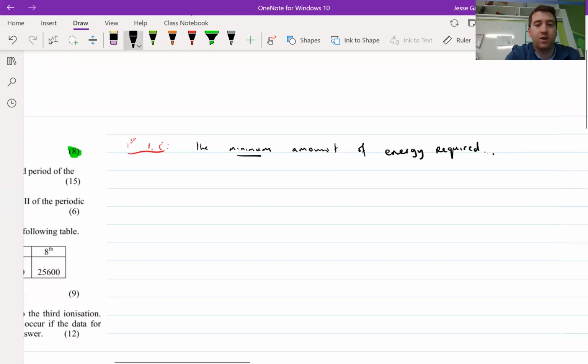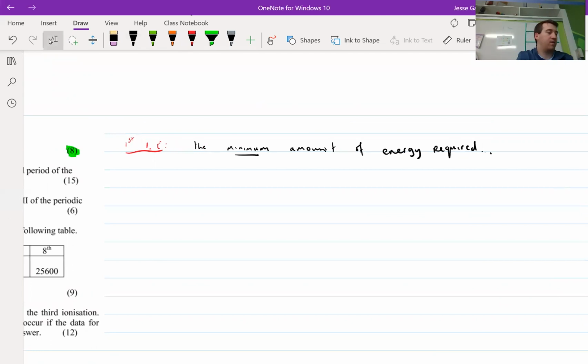So pause the video and finish off the question. You should know that definition, pretty straightforward. So minimum energy required to do what? The minimum amount of energy required to remove the most loosely bound electron is how you should have phrased this. The most loosely held on to electron, the most loosely bound electron.